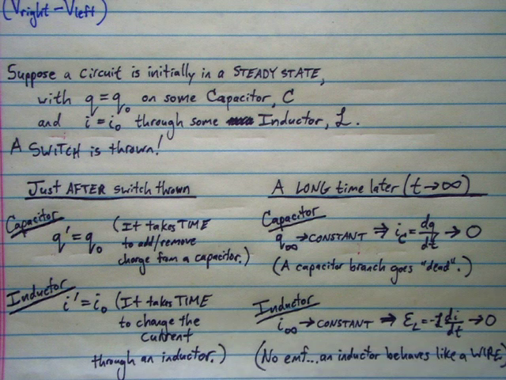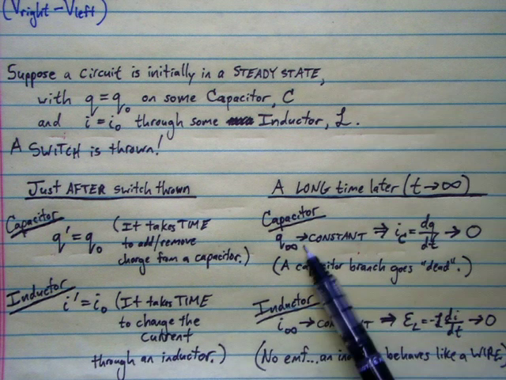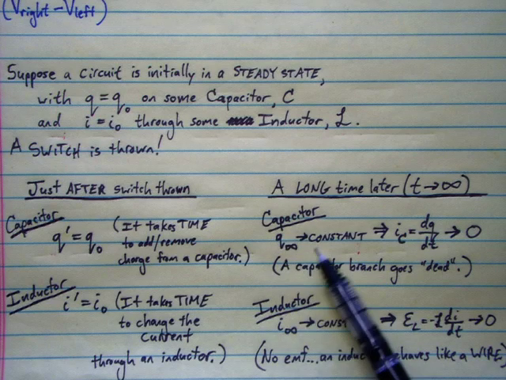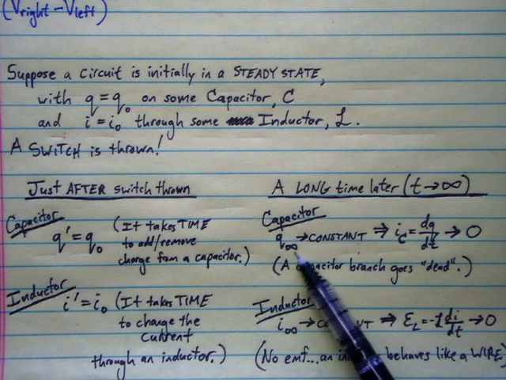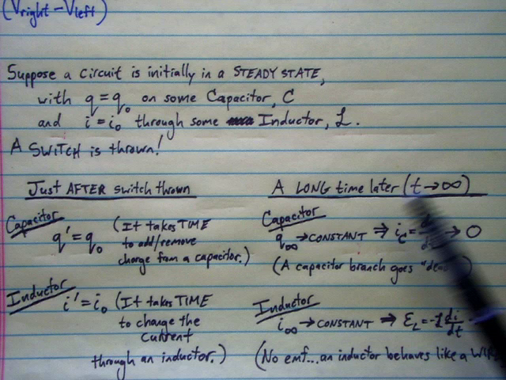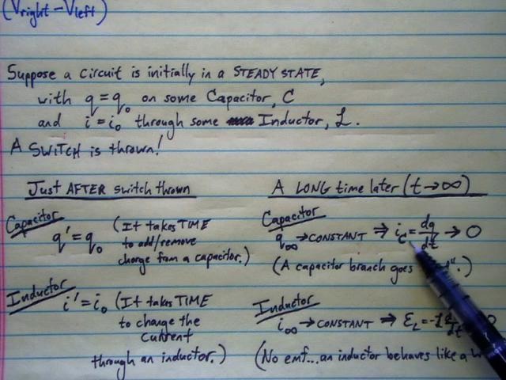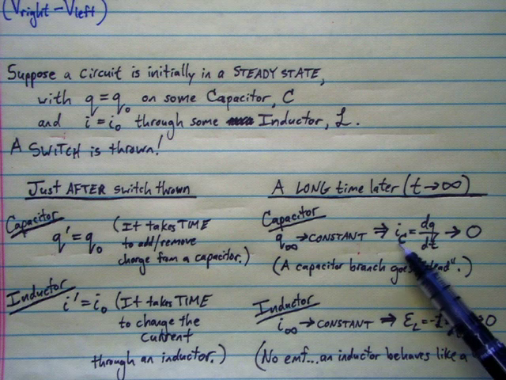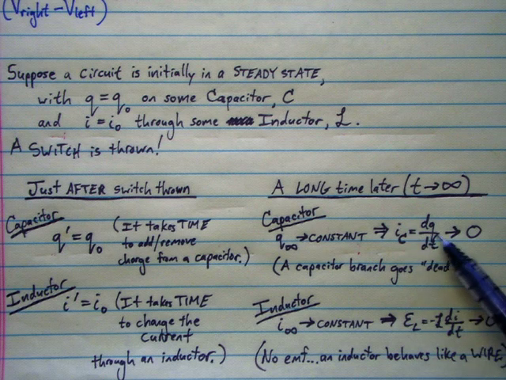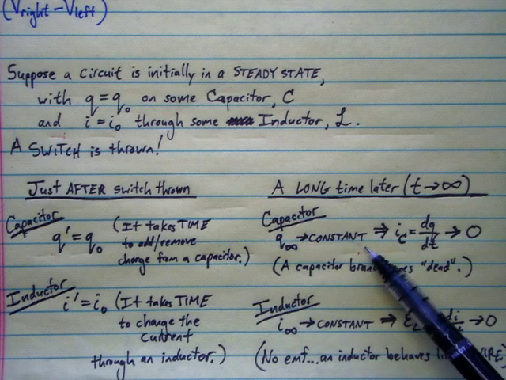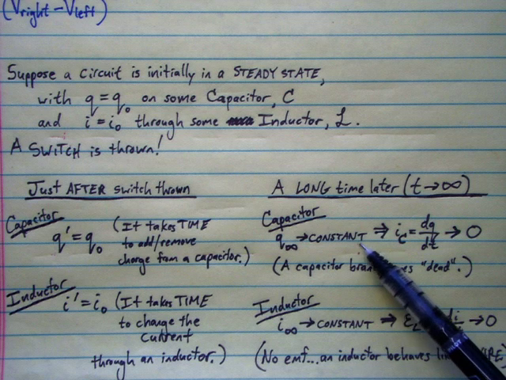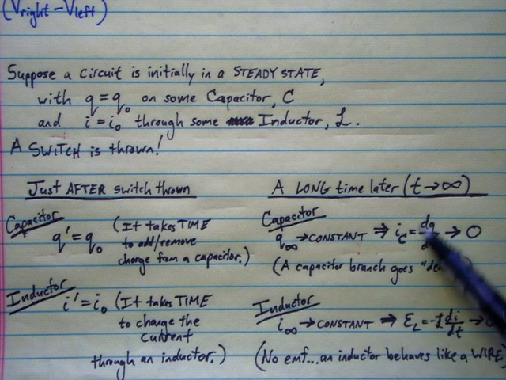If we wait for t to go to infinity, then the charge on our capacitor will eventually approach some final constant value. Maybe zero, maybe non-zero, but it's going to approach some final constant value. In that case, the current through the branch that the capacitor is on will be related to the rate of change of charge on the capacitor. So if that charge is approaching some final constant value, then dq/dt is approaching zero.